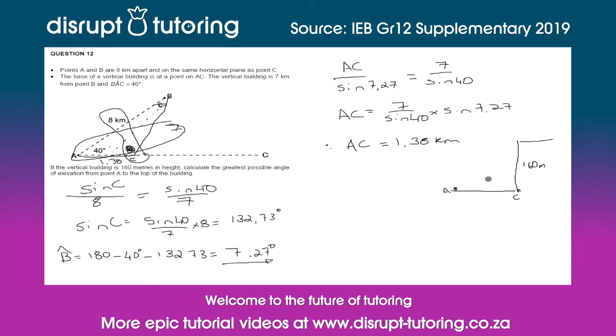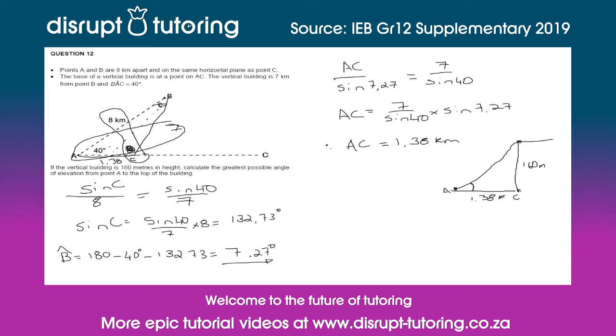We've just calculated that AC will be 1.38 kilometers. Now we need to find out what this angle is, and that would be our greatest possible angle of elevation.